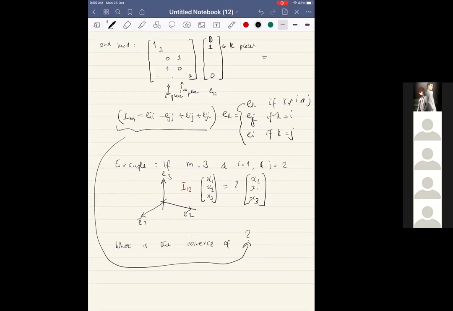All the basis vectors other than e_i and e_j stay as they are, and e_i gets flipped to e_j and then flipped back again to e_i because you are operating twice with the matrix. So the answer is itself. So again, it's the elementary matrix of the second kind. Its inverse is in fact itself, so it's an elementary matrix of the same kind.